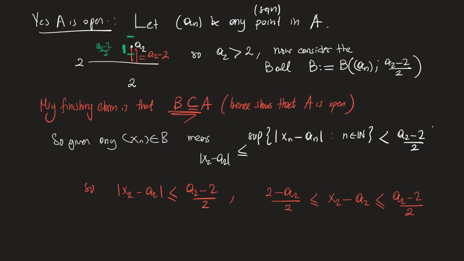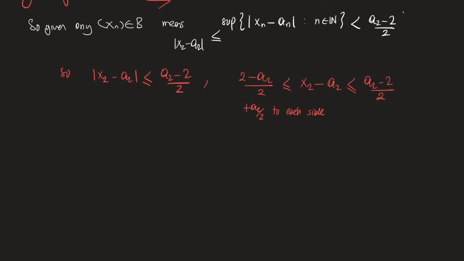Okay. So if you add a2 over 2 to each side, let me make some space, we then have 1 plus a2 over 2 less or equal to x2, less than or equal to a2 minus 1, right?